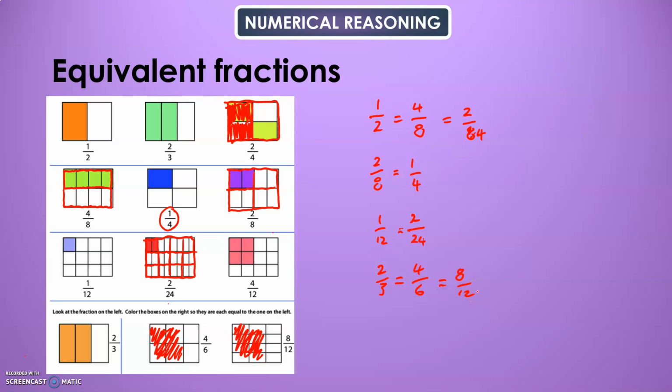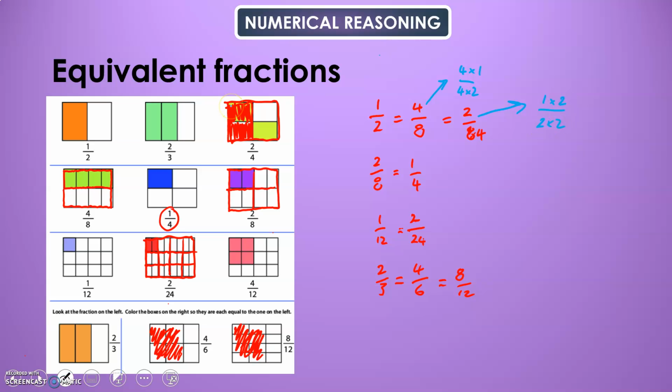So what makes these equivalent? It's to do with the way these numbers are made up. 4/8 would be 4 times 1 and 4 times 2. Likewise, 2/4 is 1 times 2 and 2 times 2.